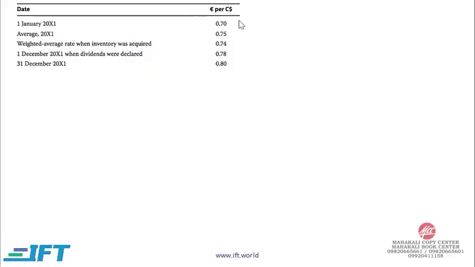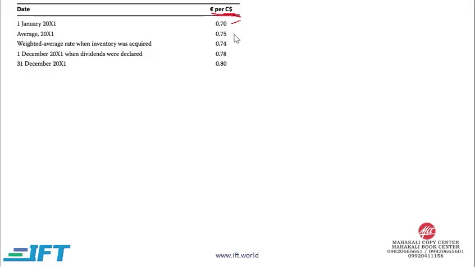Over the year, this is what happens to exchange rates. First thing I want you to note is that the foreign currency or the Canadian dollar is the base currency. This is appreciating. So on 1st January, the exchange rate is 0.7 and over the year, it goes up to 0.8. So the foreign currency is strengthening.